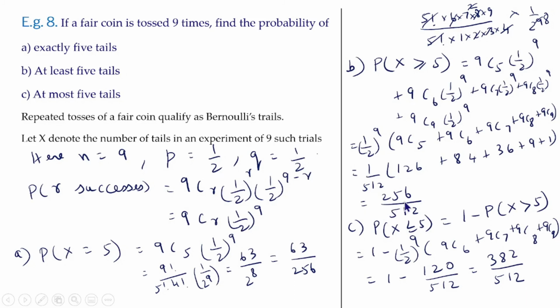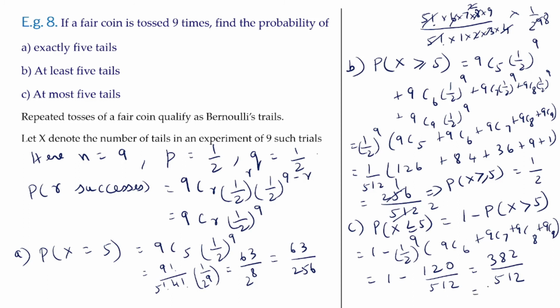Now let us simplify this. Here 256 by 512, I did not notice. So from this we get probability of x greater than or equal to 5. This will be half. And here probability of x less than or equal to 5, 382 by 512. Again we can simplify.